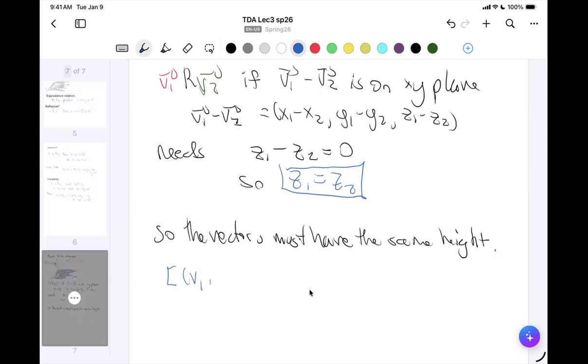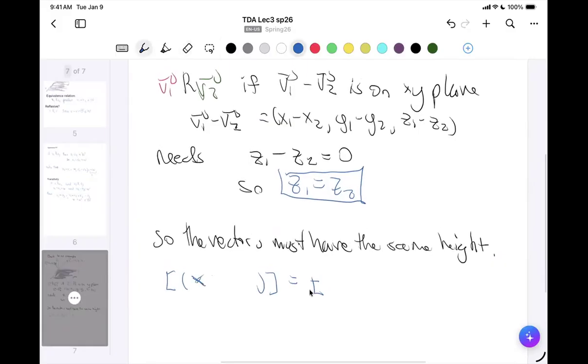Just to go back to this notation of equivalence classes, if you have a vector, sorry, I should have called this x, y, z, wrong notation. If you have a vector that has entries x, y, and z, what I'm saying is that the vectors related to this one will have the same z value.